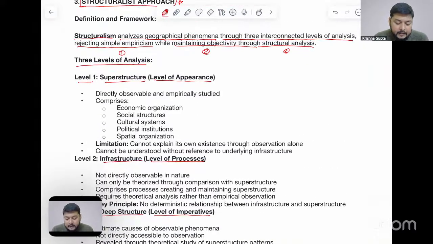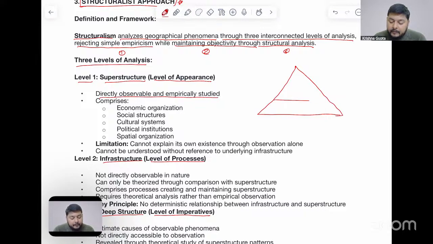Superstructures are directly observable and empirically studied. So if I am looking at a certain problem of society, I can study how many people are poor and what basic earning results in their low income, or the income numbers.